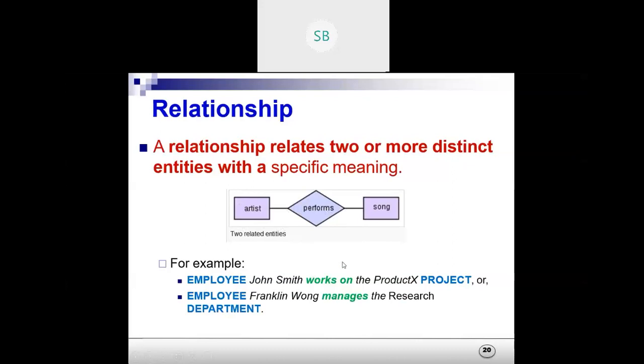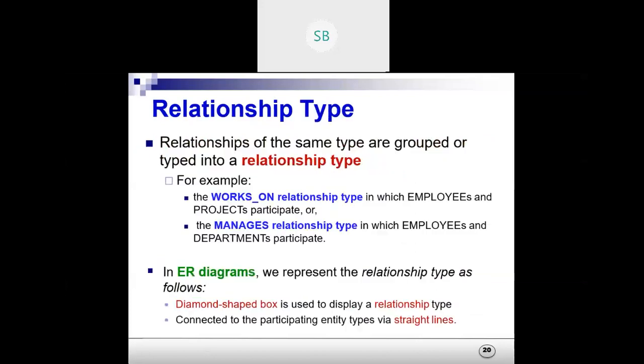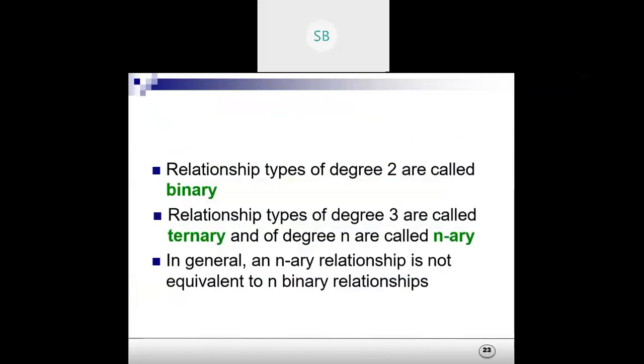Similarly, if there are three, it will be a ternary relationship. And if there are more, it will be n-ary, if the degree is more than 3.